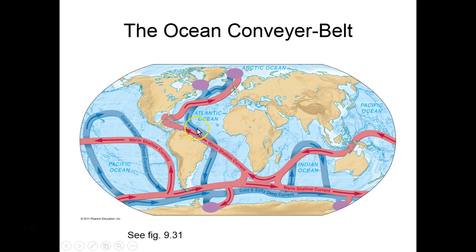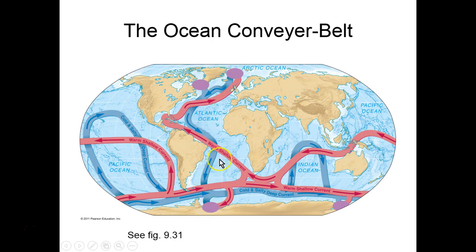Now the arrows aren't necessarily 100% accurate because the Antarctic water will also come up through the Atlantic as well. It's not just the water up towards the Arctic and Greenland that is coming down, right?